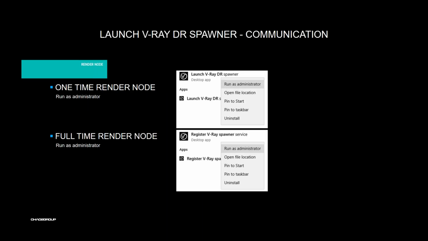The DR spawner is a specific software that makes the connection from the workstation to the render nodes to communicate to each other. You can run this DR spawner every time, or you can set the DR spawner as a service. And when you start your computer, Windows, this service will start automatically.